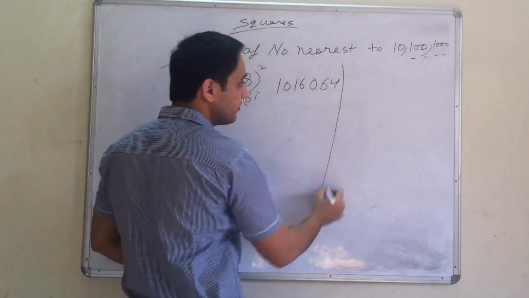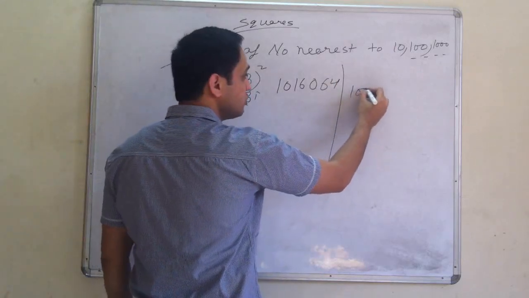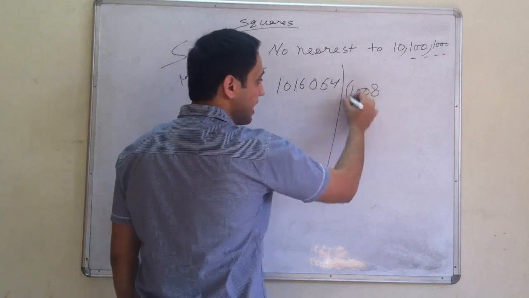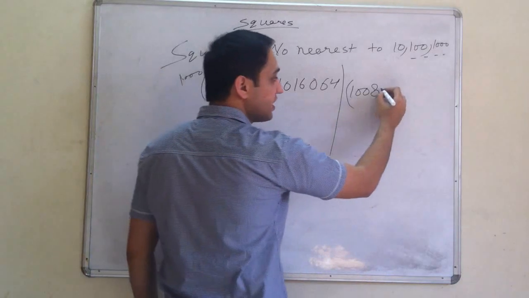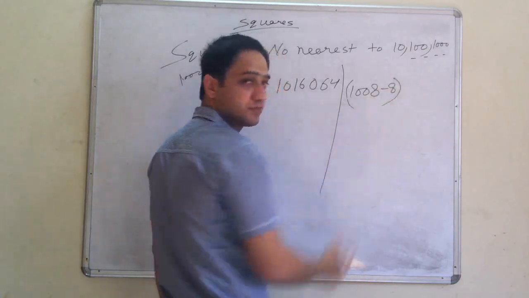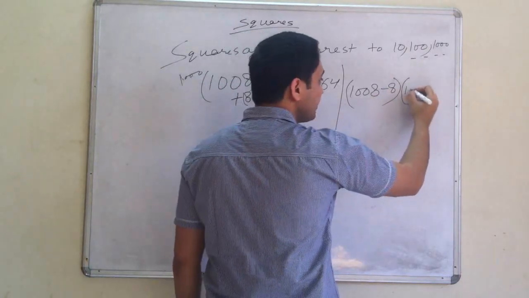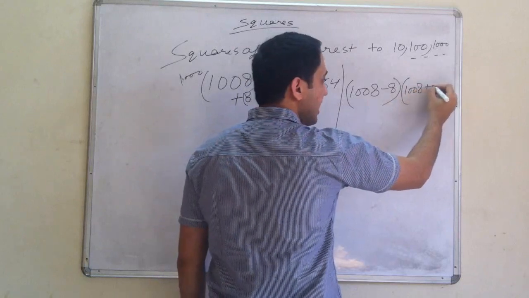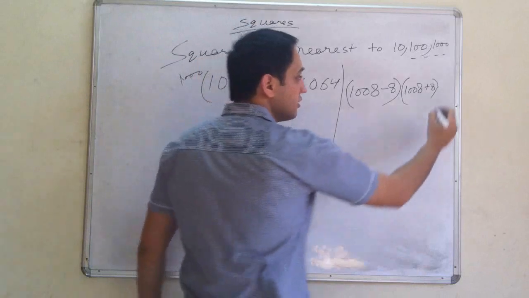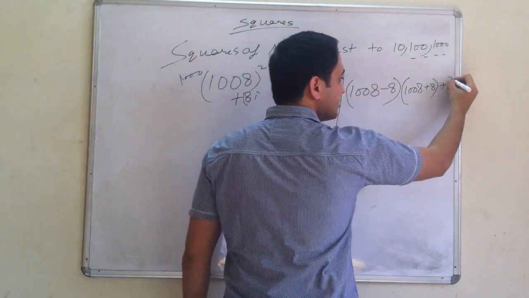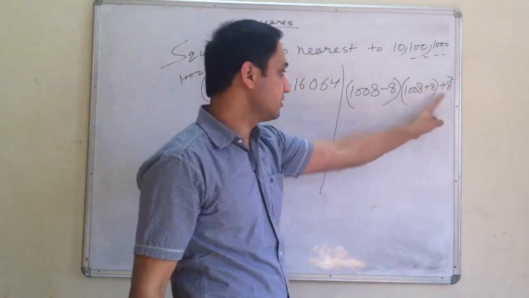The other way is 1008. I have to take 1000 as a base. So I have to subtract 8. Then if I subtract 8, I will also add 8 in the same digit, and at the last I'll add the square of 8.